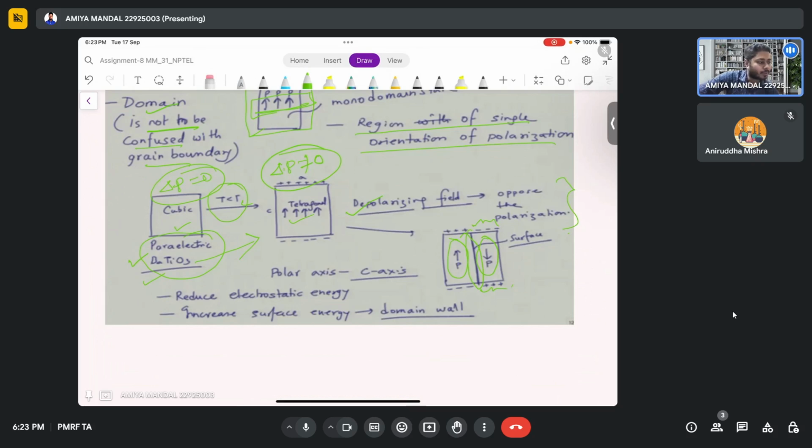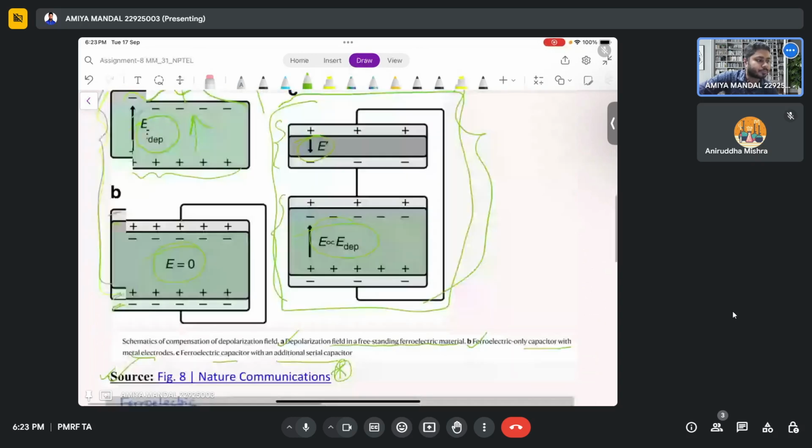This is called the domain wall region. So this is domain 1. It originates from the depolarizing field and the polarization field. The opposition between the depolarization field and the polarization field creates the domain. It occurs from the increased surface energy and reduced electrostatic energy.